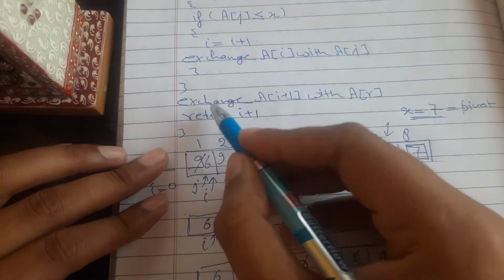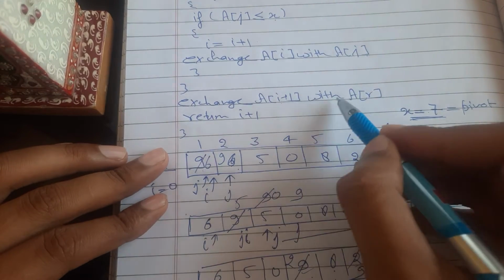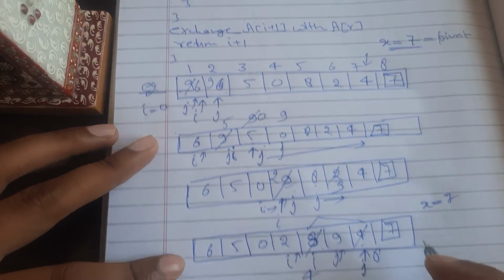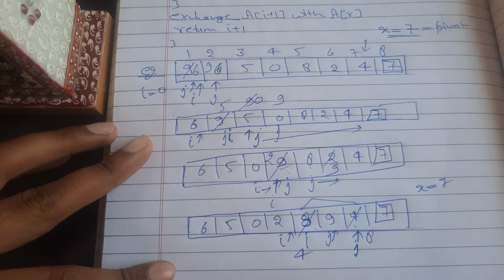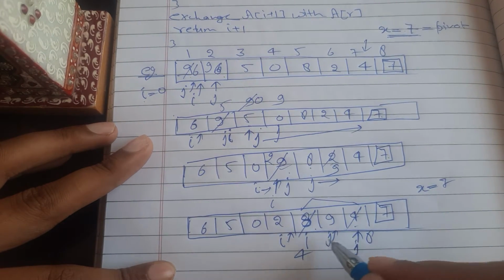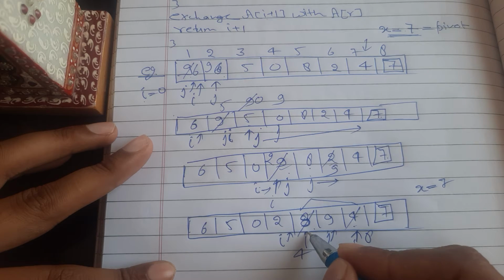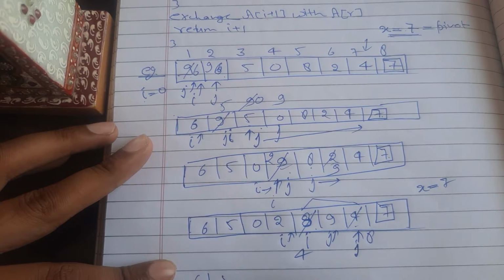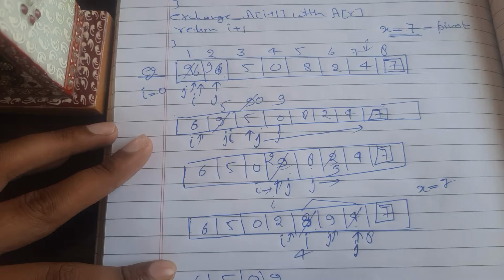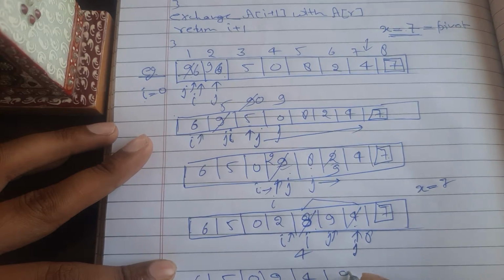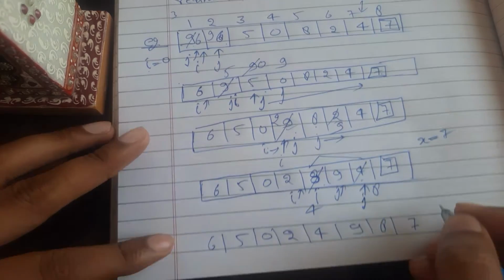Then exchange A of i plus 1 with A of r. i is pointing here at 4, so the array is 6 5 0 2 4 7 8 9.